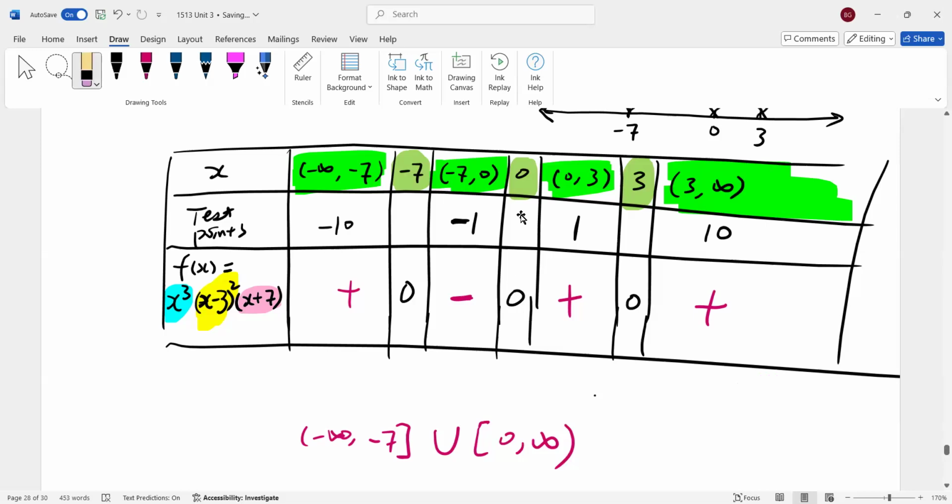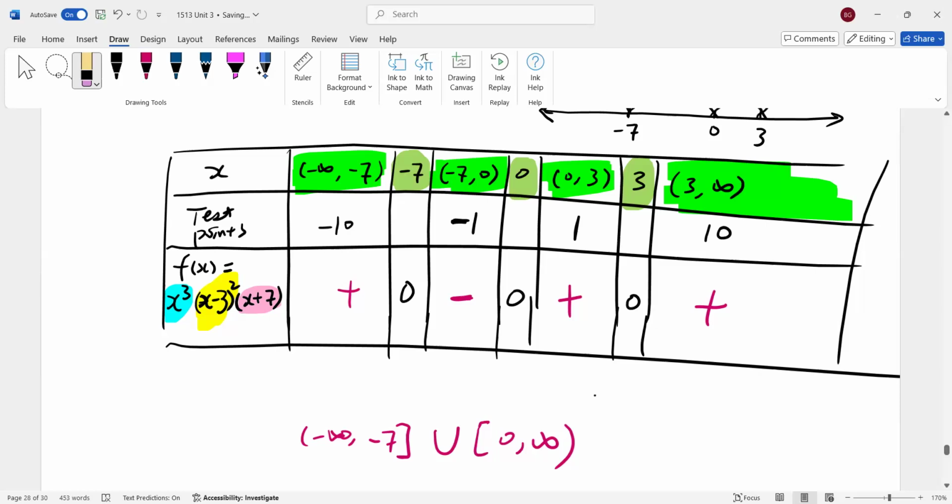As you can see, at 0 it is 0. From 0 to 3 is positive. At 3 it is 0. From 3 to infinity it is positive. So the whole thing can be combined as one interval, 0 to infinity, where 0 is included. And another piece is negative infinity to -7, with -7 included. Do you agree, guys?